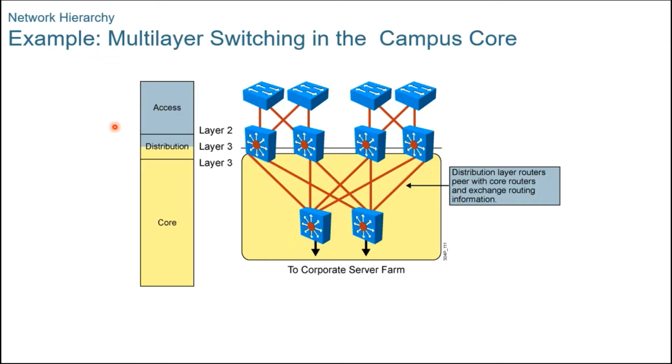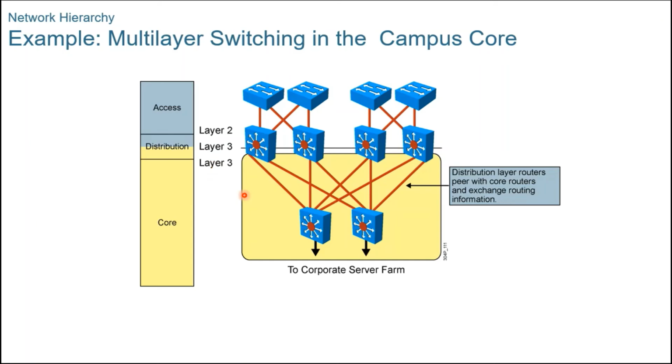Let's look at an example of switching or multi-layer switching in the campus core. Layer 2 switching or multi-layer switching, which is also known as layer 3 switching or routing, can be used in the core layer.